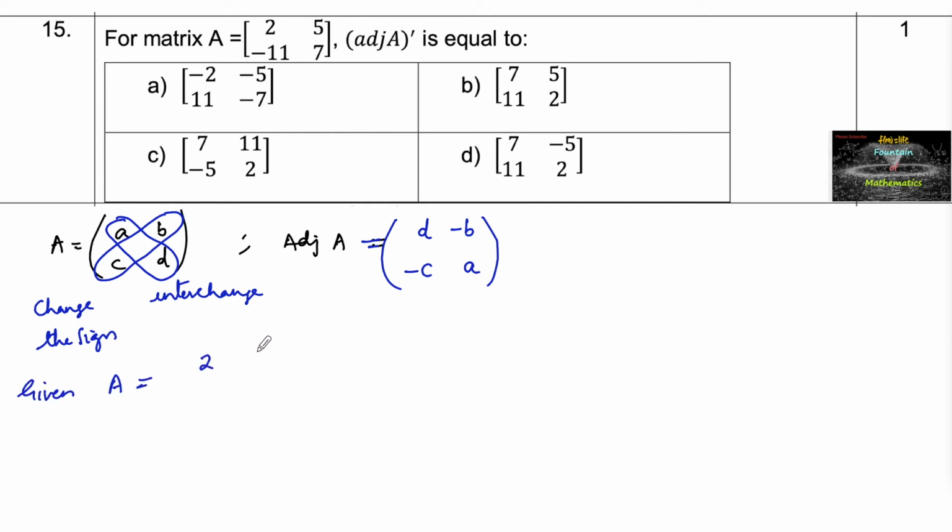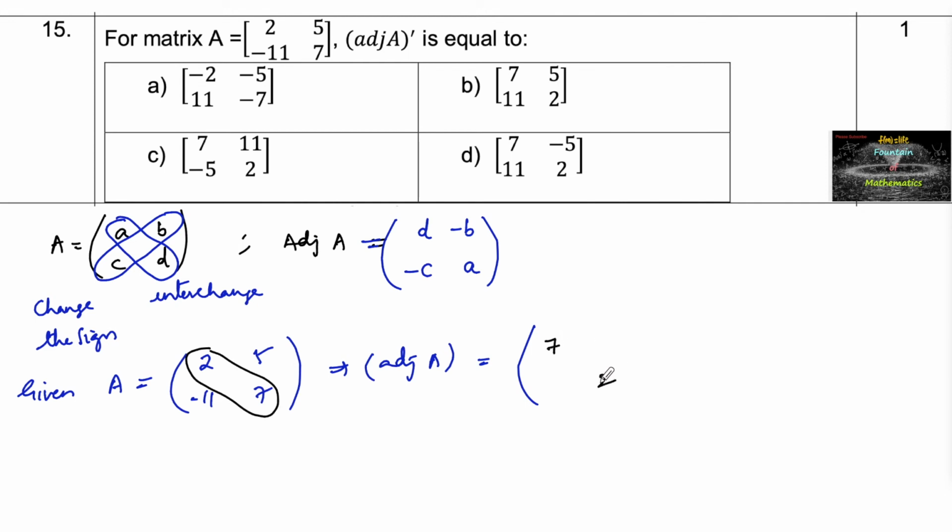And hence for the given matrix A is equal to 2, 5, minus 11 and 7. So adjoint of a matrix can be written as, so here interchanging 2 and 7, so we can write 7 and 2, and here change the sign, so we can write minus 5 and minus of minus 11, that is plus 11.